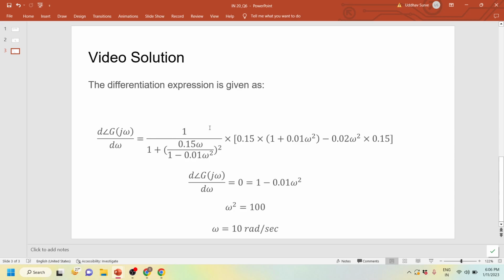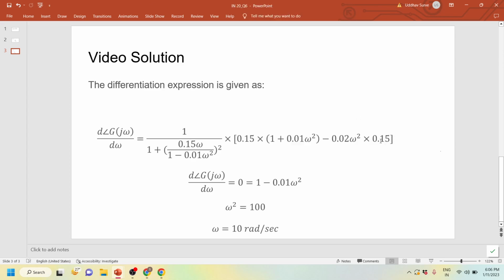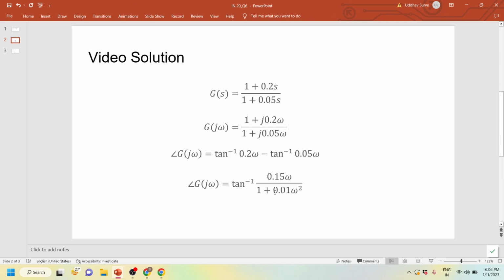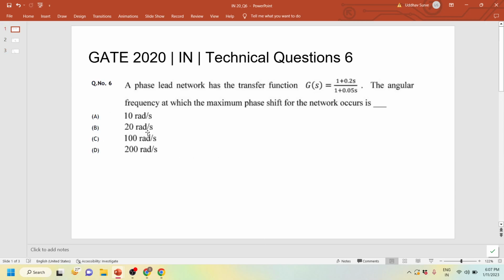Furthermore, by expanding the inner terms, we get this. So this expression is of interest, and we set d(angle of G(jω))/dω equal to 0. By solving this, we get ω² equal to 100, and ω comes out to be 10 radians per second. So the answer to this question is 10 radians per second.